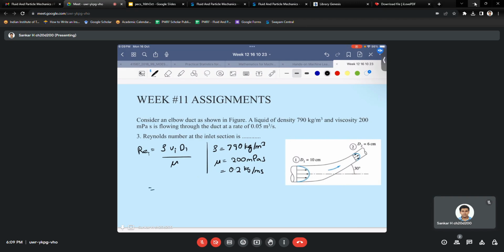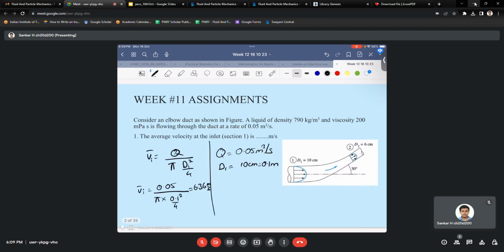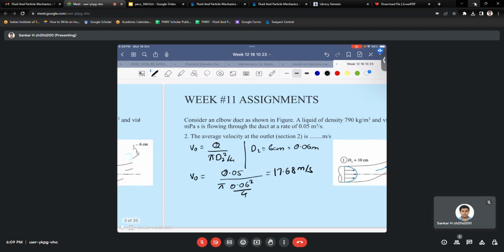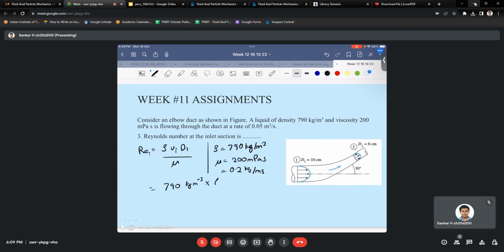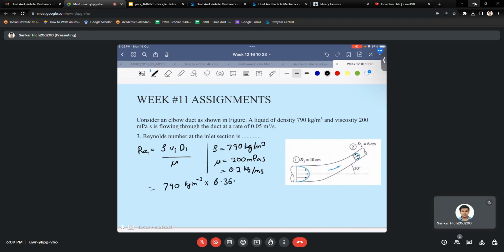Substituting these values, we get 790 kilograms per meter cube times Vi, which we remember was 6.36 meters per second, times d1, that is 10 centimeters or 0.1 meter, divided by the viscosity, 0.2 kilograms per meter second.